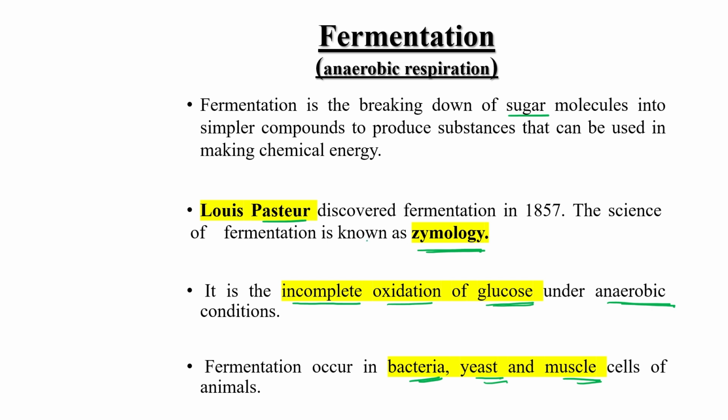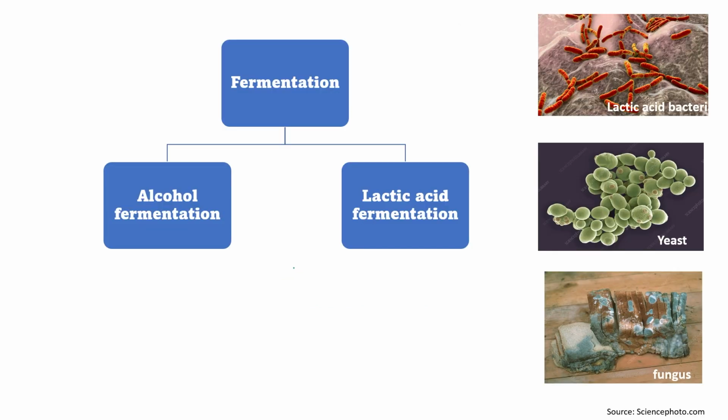So in muscle cells also. So fermentation is of two types: alcoholic fermentation and lactic acid fermentation. Some lactic acid bacteria utilize the same process. Some yeast, as I told you, is used in the production of alcohol. Yeast is used in bakery products also. People utilize this process, right? And some fungi also, right?